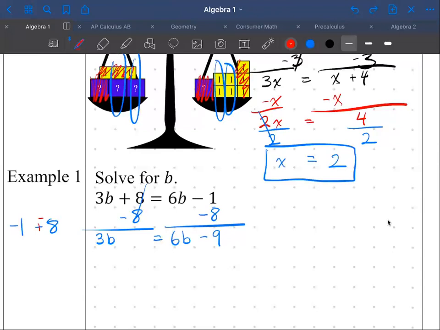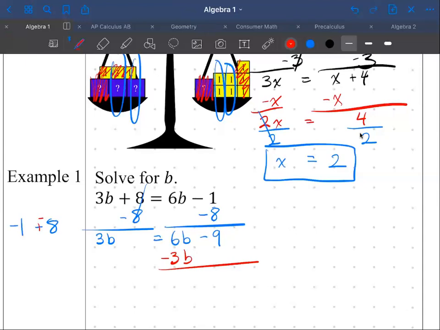Hopefully someone new. What is our next step after doing this? We're trying to get all the variables on one side. Yeah, Diego, go for it. You subtract 3b from 6b. So minus 3b from 6b.